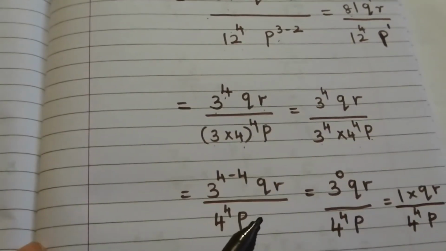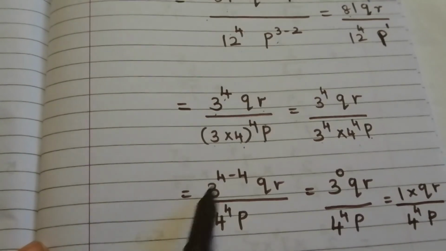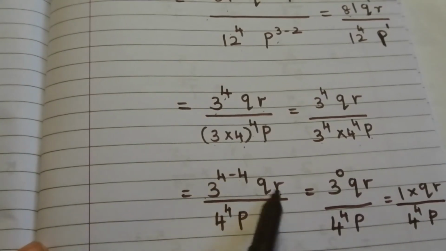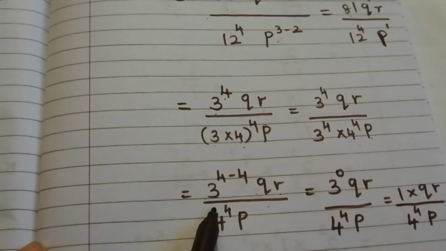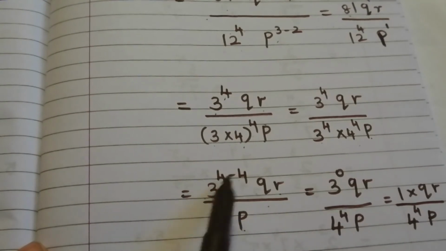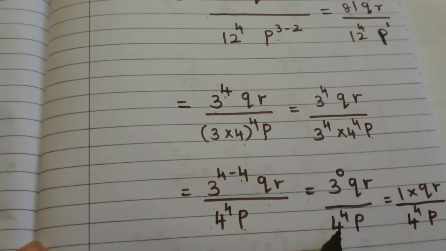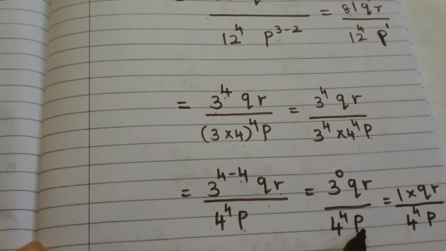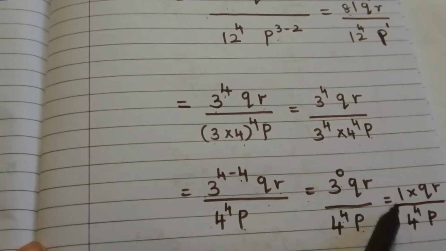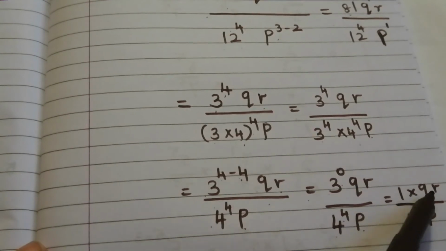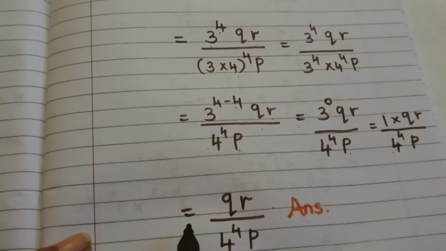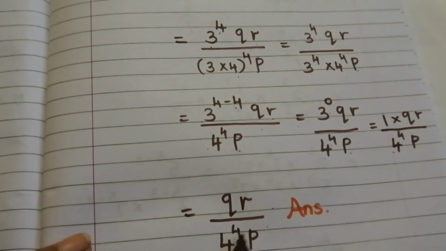And this is equal to 3 power 4 minus 4 into qr divided by 4 power 4 into p. 4 minus 4 is 0. That is equal to 3 power 0 qr divided by 4 power 4 into p. 3 power 0 is 1 into qr divided by 4 power 4 into p. So the answer is qr divided by 4 power 4 into p.